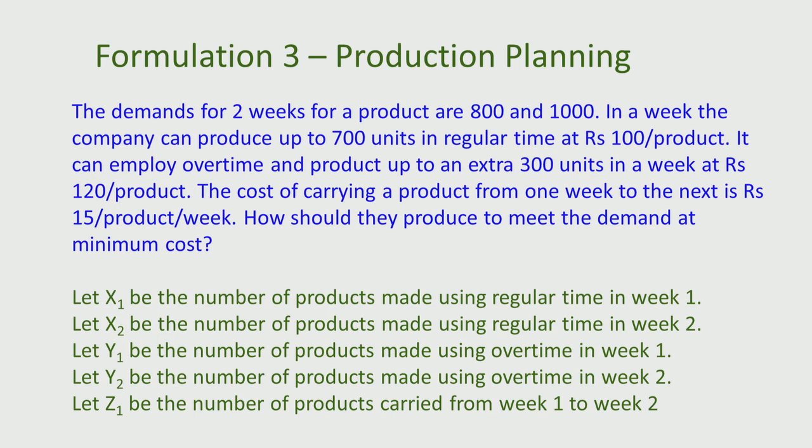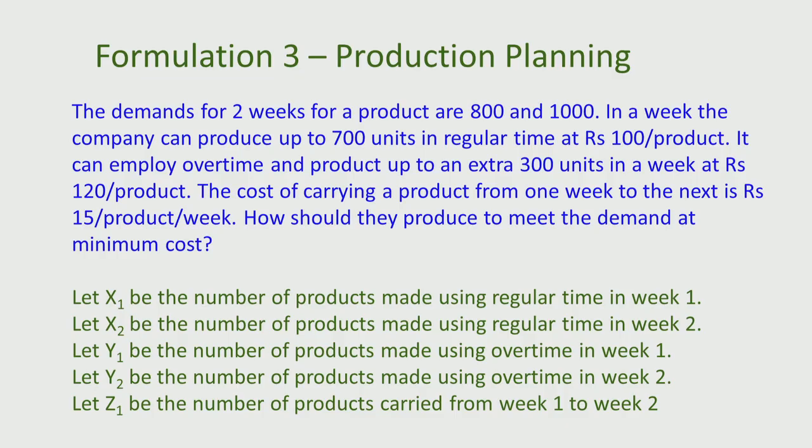Now, we introduce 5 variables. x1 be the number of products made using regular time in week 1, x2 be the number of products made using regular time in week 2.